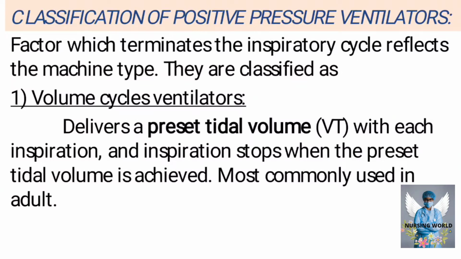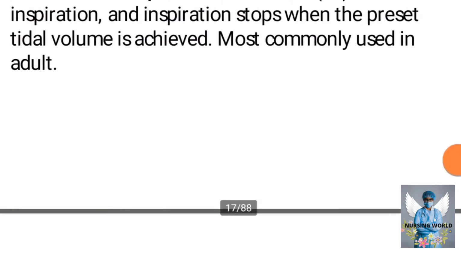They are classified as volume cycled ventilators. Volume cycled ventilators deliver a preset tidal volume with each inspiration, and inspiration stops when the preset tidal volume is achieved. This is most commonly used in adults.